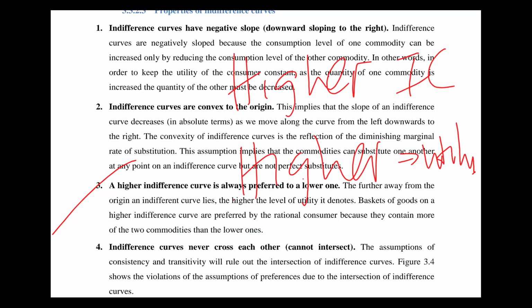So as a result, since we have already said that consumers would always want to increase the level of satisfaction, to maximize utility, then when given two points, one that gives a lower level of satisfaction and another that gives a higher level, they would opt for the higher one, right? This is in obedience to the concept of rationality.